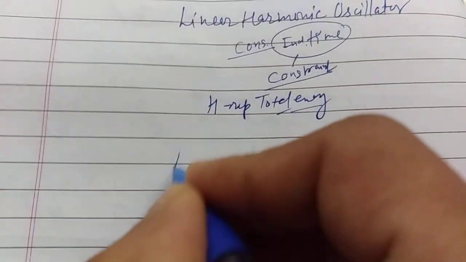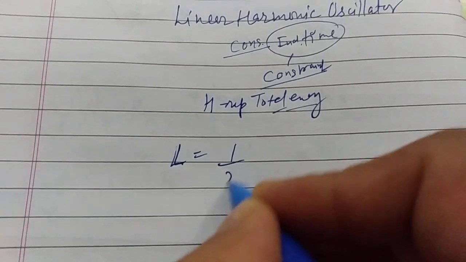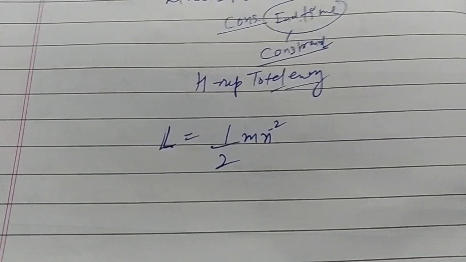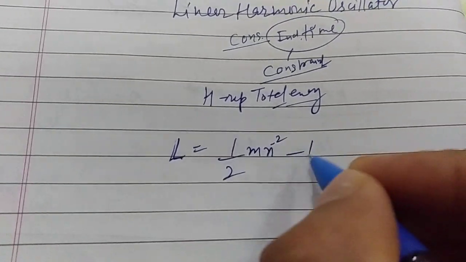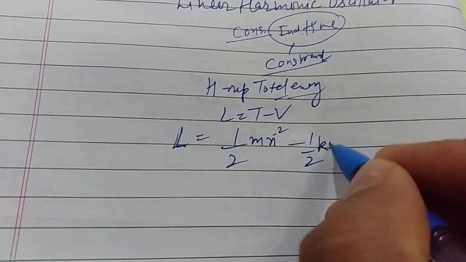Here we know the Lagrangian for this linear harmonic oscillator. Since it is linear, we simply write the kinetic term as half m x dot square, so x dot is only there. Then L is equal to T minus V, where V is half k x square.